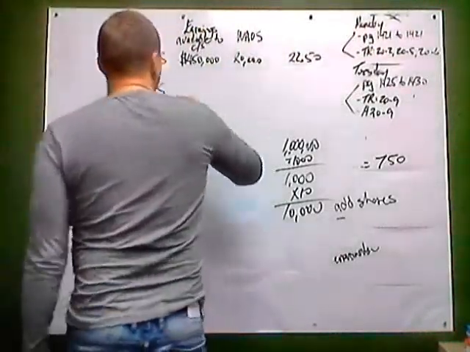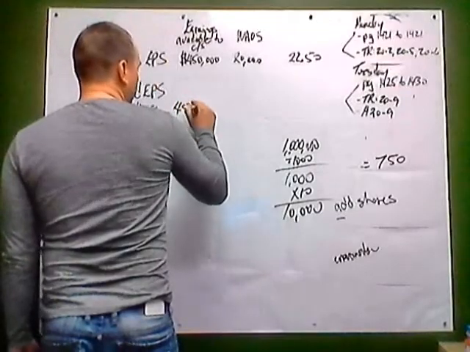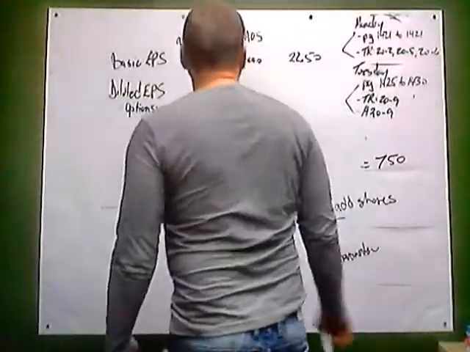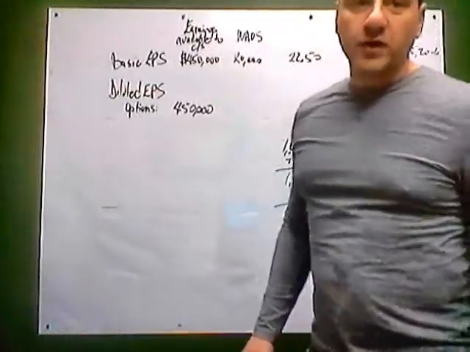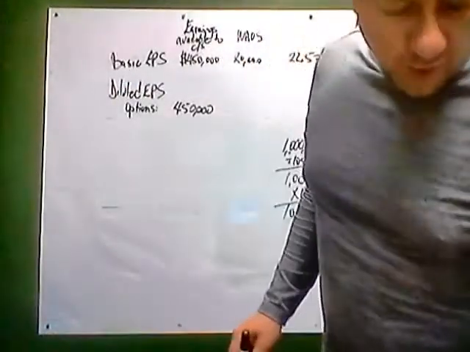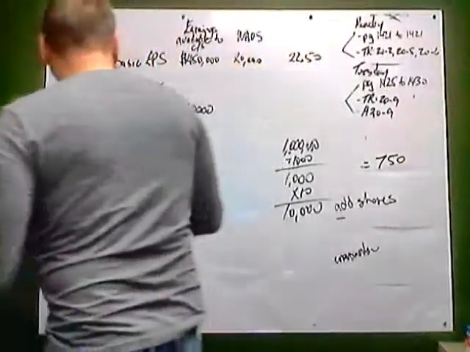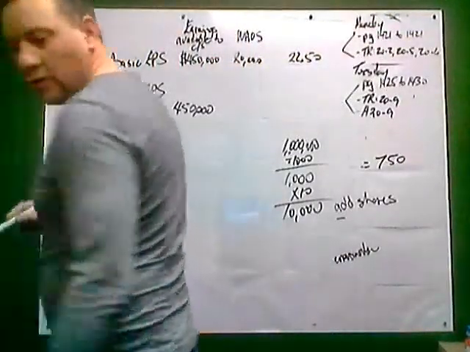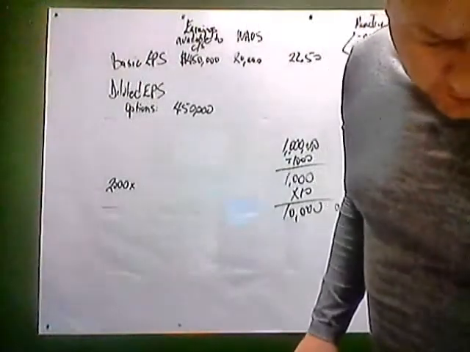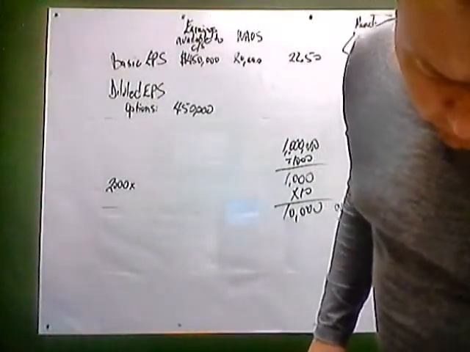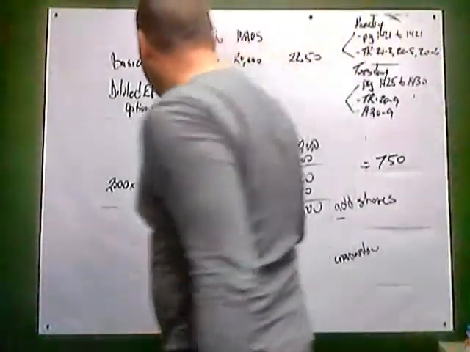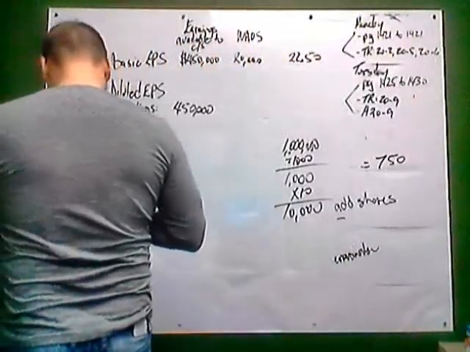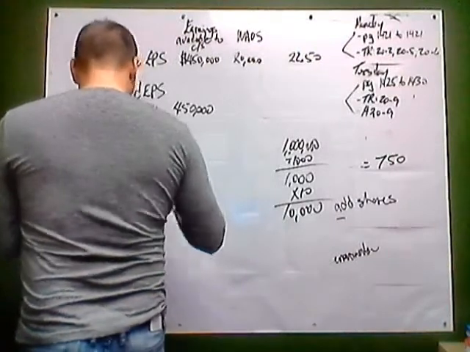So the earnings available to the common shareholder is still $450,000. But instead of having 20,000 shares outstanding, they're going to have more. How much more? Well, 2,000 times the exercise price of $50 is 100,000.